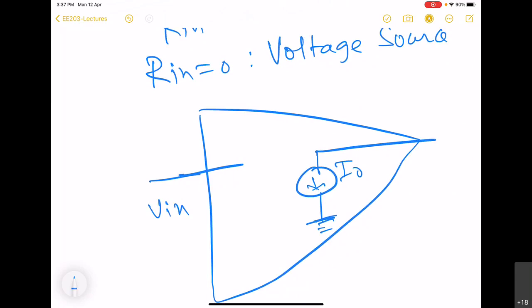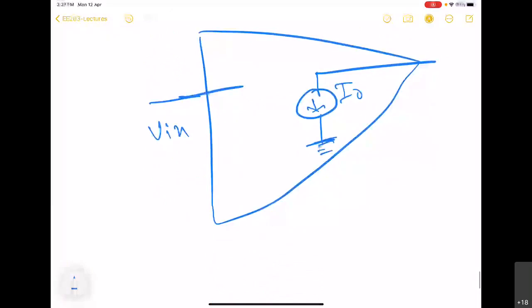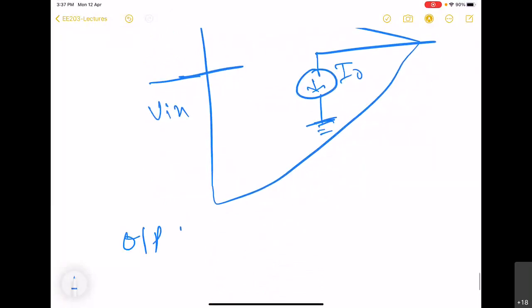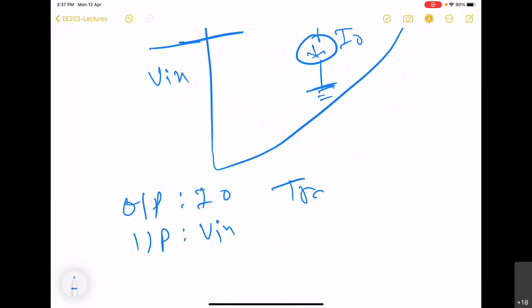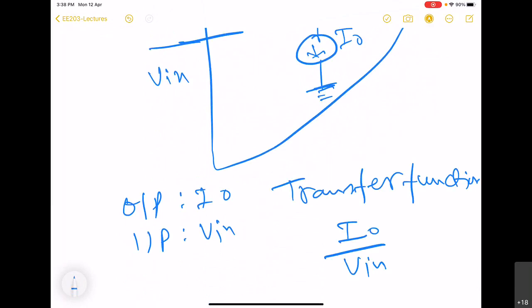And in this case, the output quantity is current, the input quantity is voltage. So the transfer function will be the ratio of Io by Vin, and this we designate as Gm.